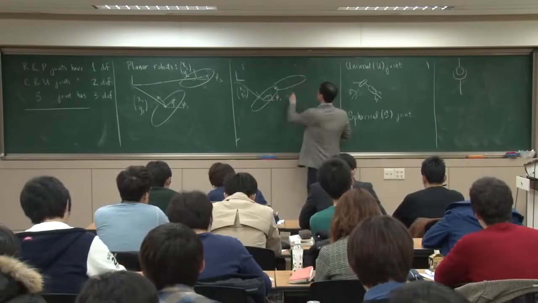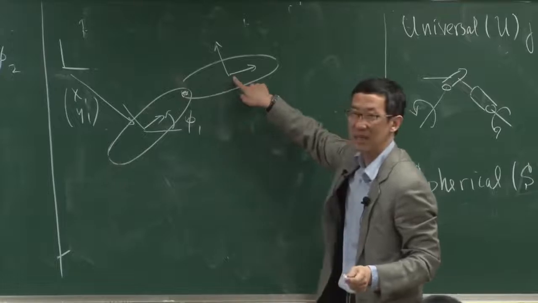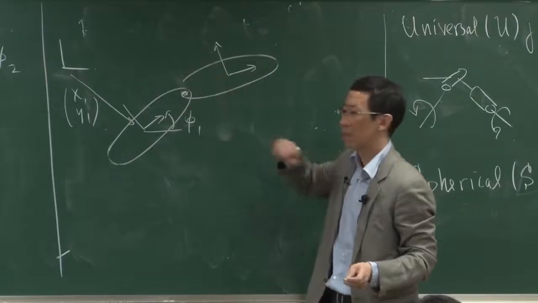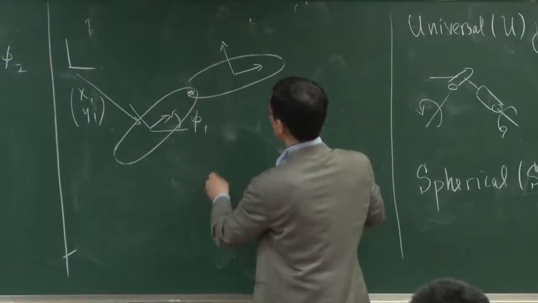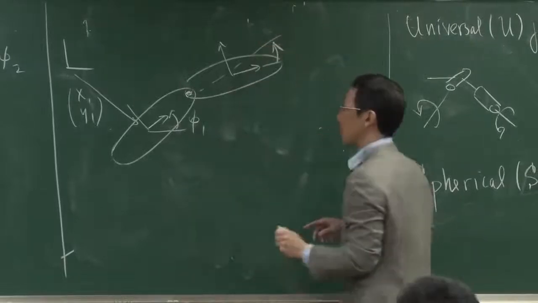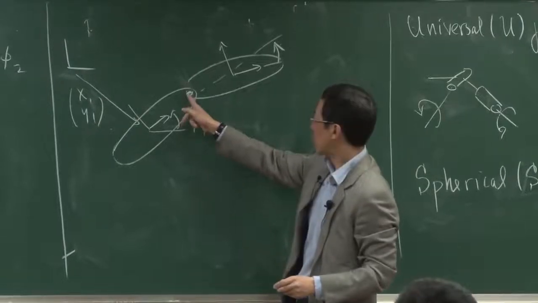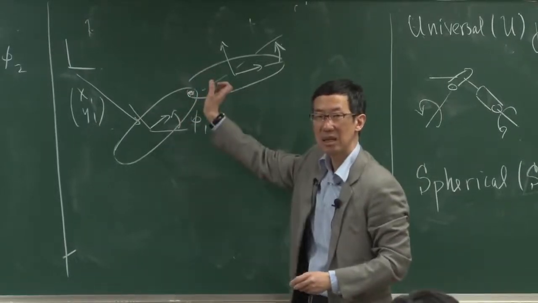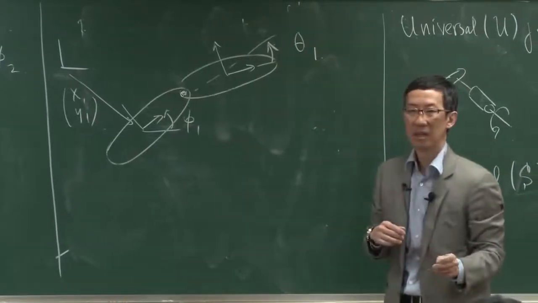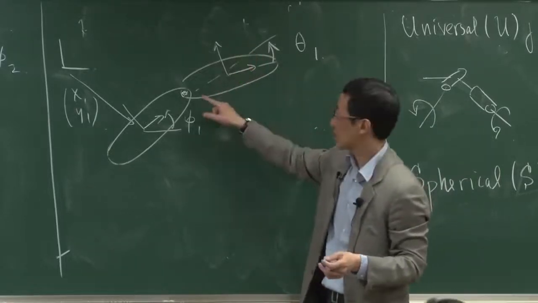But now if you think about it, we don't really need x2, y2, and phi2 anymore. Rather, if we just know this angle, that's actually the angle at which this joint has been rotated. Call this theta 1. Then we know the position and orientation of this second link.